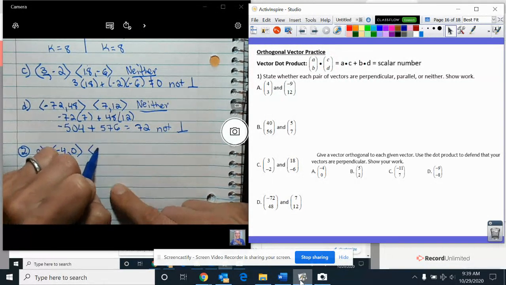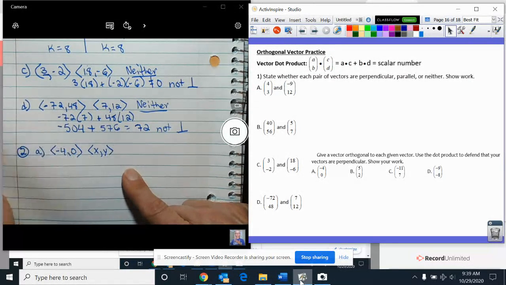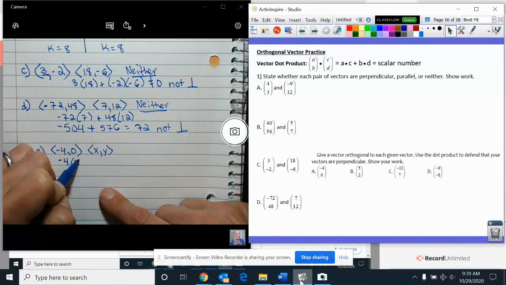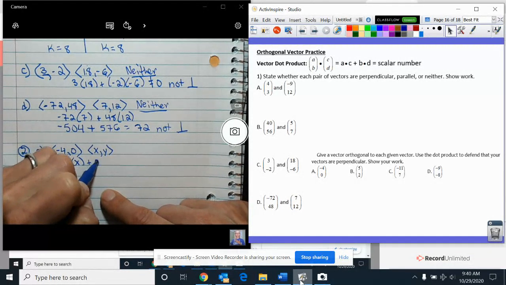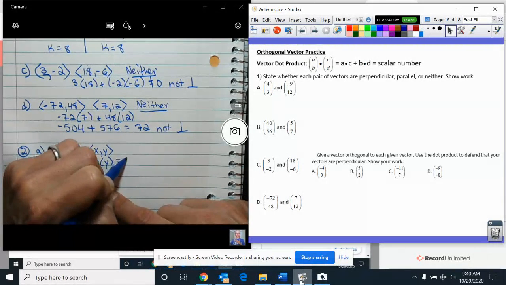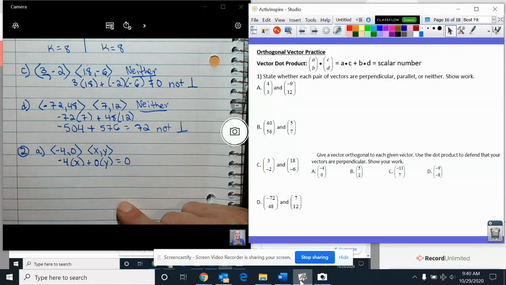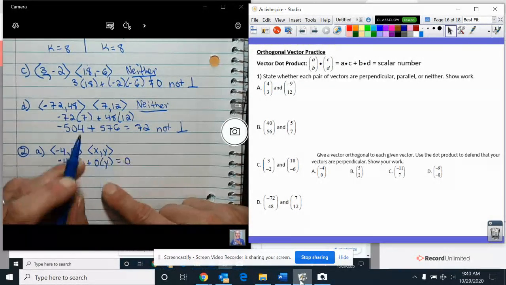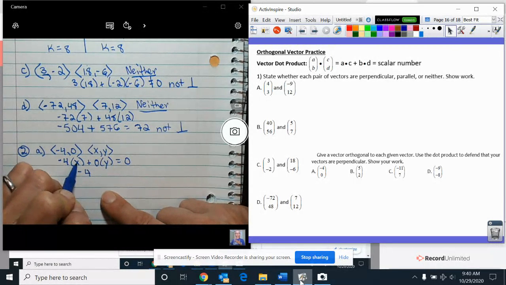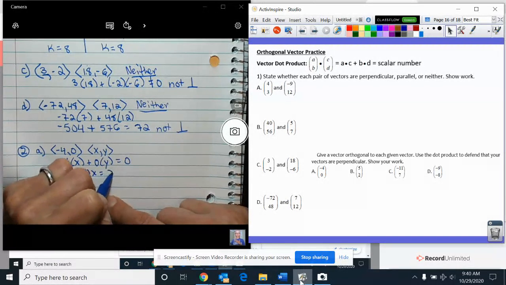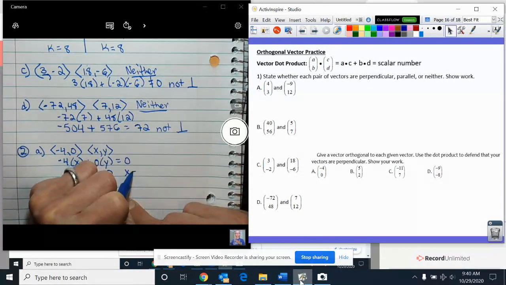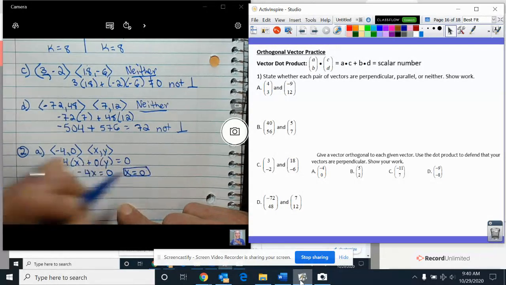So if we call them x and y, negative 4 times x plus 0 times y has to equal 0. It doesn't matter what y is, because 0 times y is 0. So really, we need to solve for x. Negative 4x equals 0, so the x component has to equal 0.